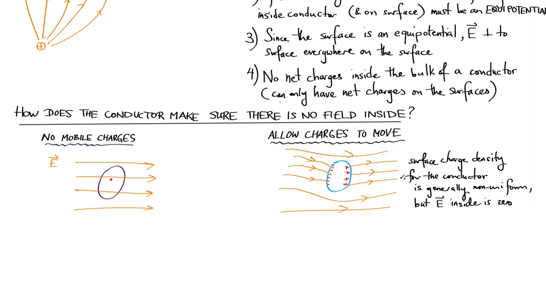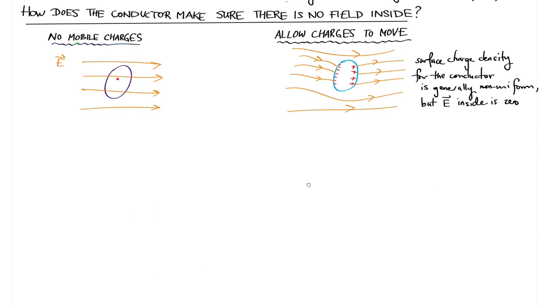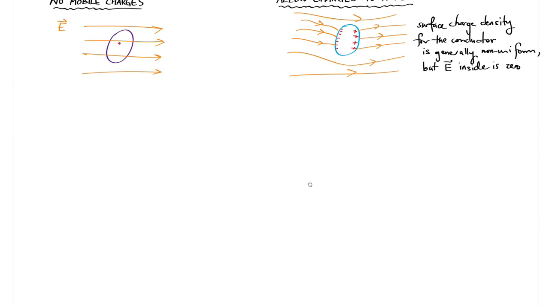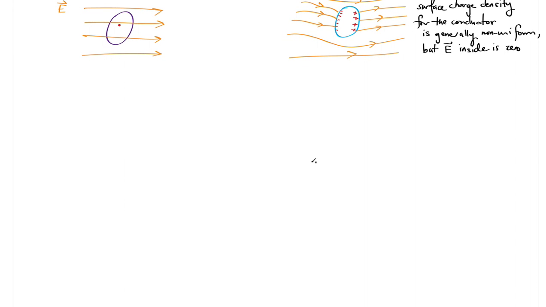Now what I want to talk about is what happens when you put some net charge on a conductor. These last examples have been for a neutral conductor, one that doesn't have any net charge on it. Now I want to briefly talk about what happens if we have some block of conductor and I put some net charge on it.